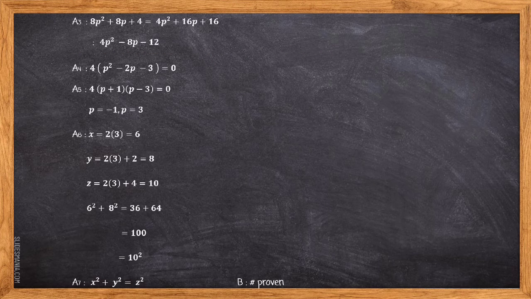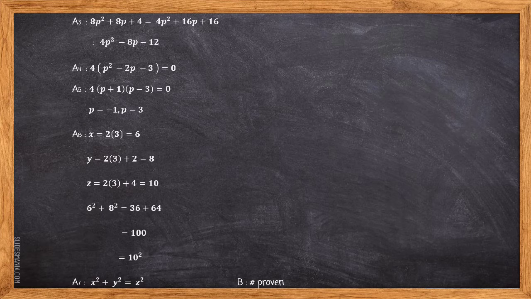A3: 8p squared plus 8p plus 4 equals 4p squared plus 16p plus 16, and we get 4p squared minus 8p minus 12.